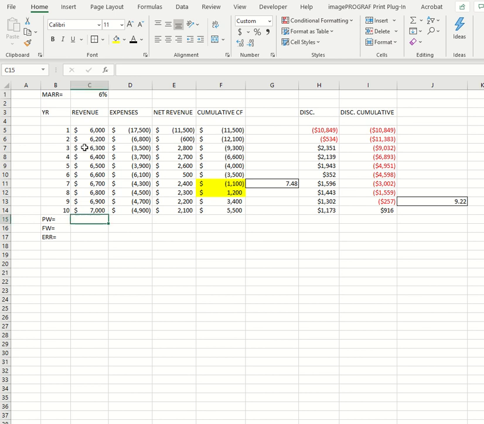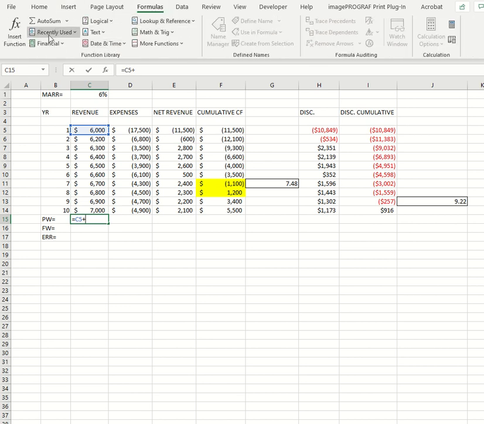So we're going to start out by taking this value here, and 6,000. Oh wait, sorry. And then you're going to add that to the formula, the NPV formula.